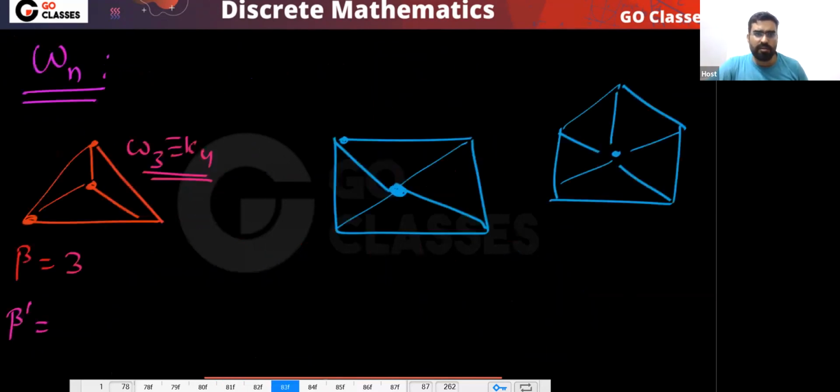Now tell me about this one, this Wn. For beta dash here, because you have four vertices, it will be 2. 2 edges are enough. For example, you can take this edge, you can take this edge. Both will be covered. What about beta and what about beta dash here?